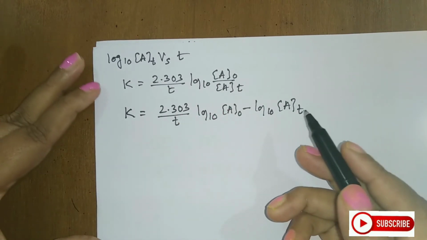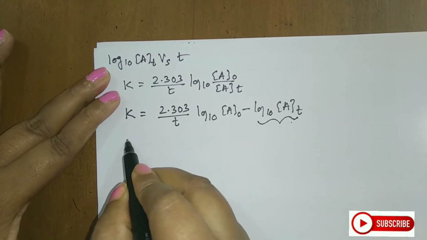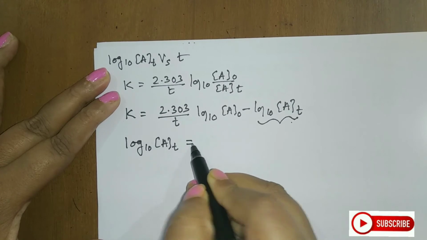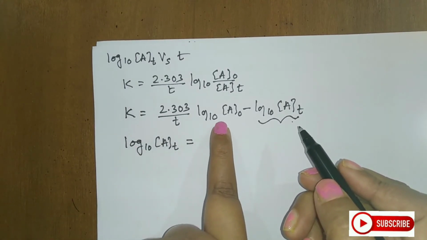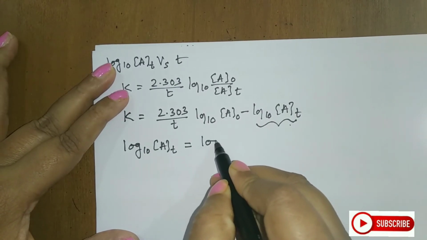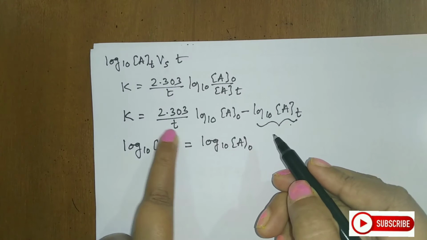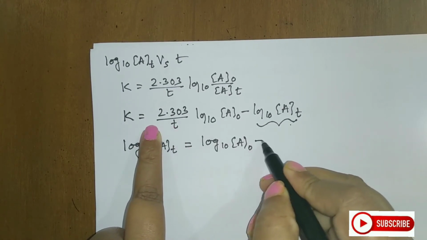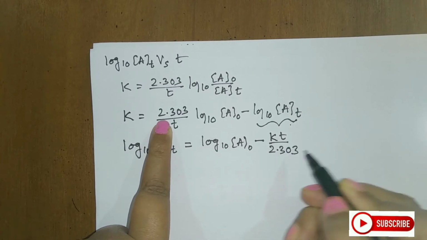So I will again rearrange this, or I will try to bring this term to the left hand side. So I will get log to the base 10 at is equal to. Now I will rearrange this. So I will keep this term as it is here. So it will be log to the base 10 a0, minus kt upon 2.303.